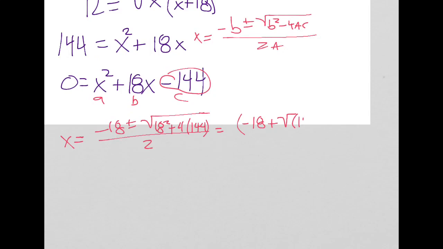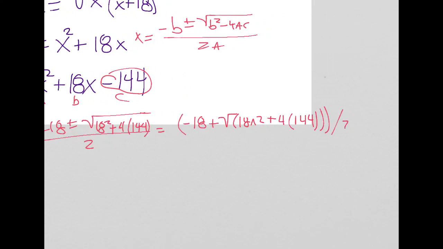Then I'm going to type 18 squared plus 4, open a new parenthesis, 144, close that, closed my parentheses around the 144, close another one, that closed my parenthesis around the square root, and then close that last one to close the parenthesis on the front, and then I can divide that by 2. That's if you want to do it in one step. That's just how I roll. And when you do that, you get 6.